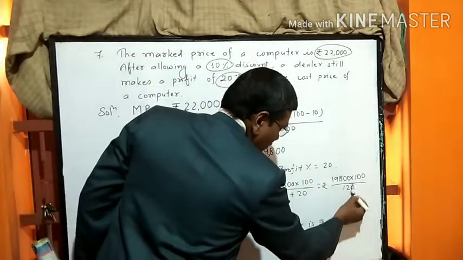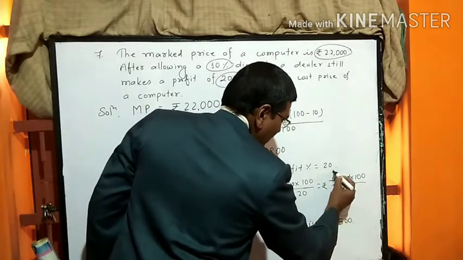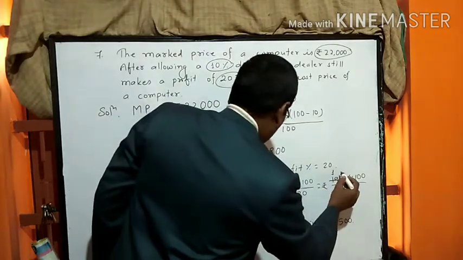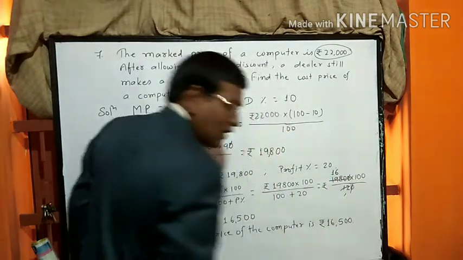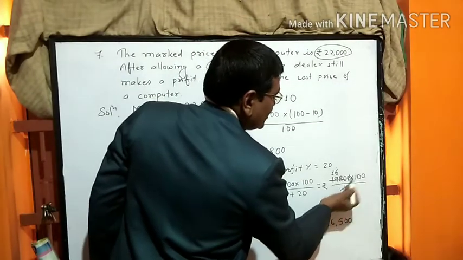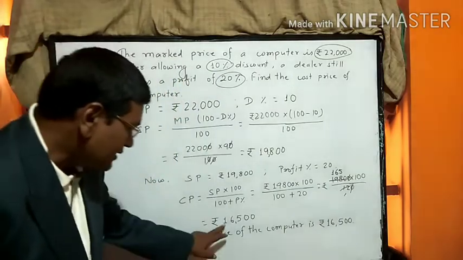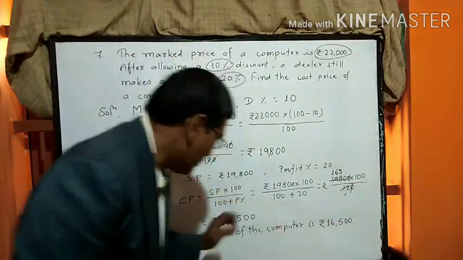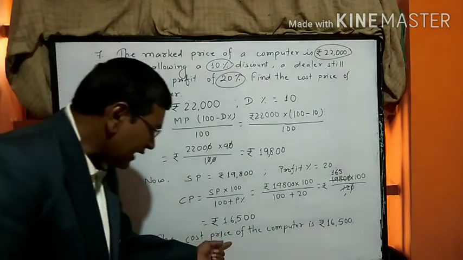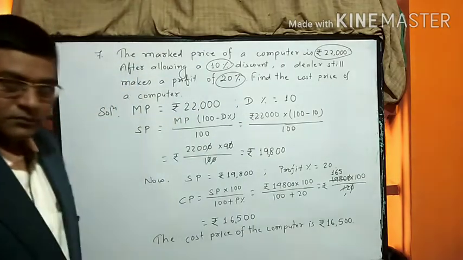Now 0 0 cancel. 12 1 ja 12, 12 1 ja 12, left 7, 7 8 78. 12 6 ja 72. Now 6 0 60, 12 5 ja 60. It is 165 and 00. That means 16,500. The cost price of the computer is 16,500.